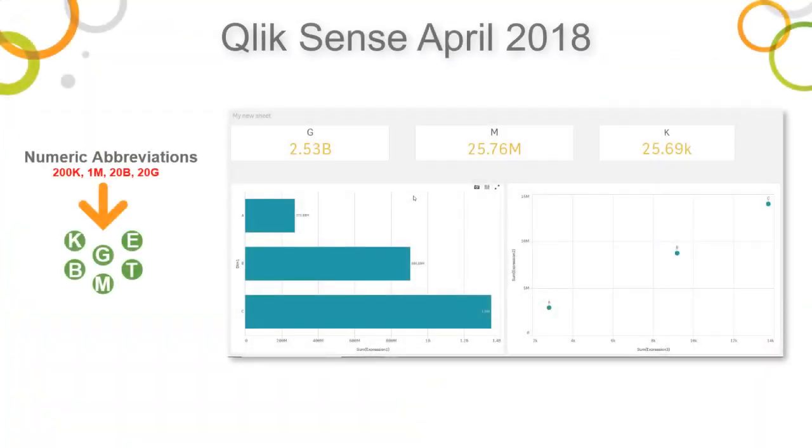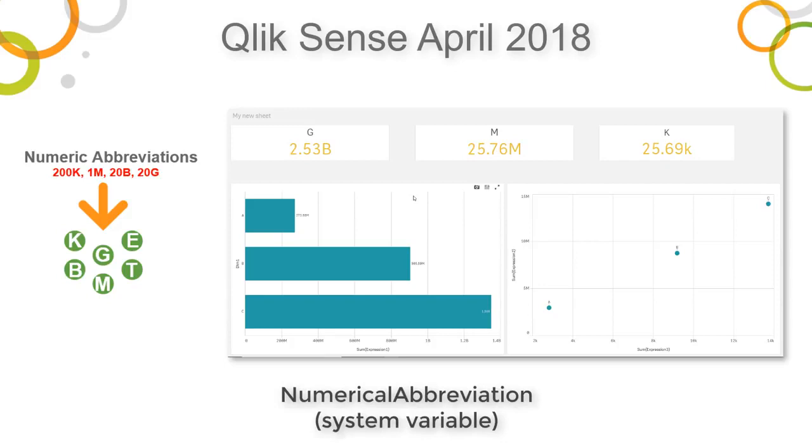So another improvement that you guys have been asking for, and I know you'd be excited about, is the ability to control numeric abbreviations used with measures when setting the automatic formatting. We have created a new system variable named numerical abbreviation, and this will allow you to control the numeric abbreviation displayed in your measure.